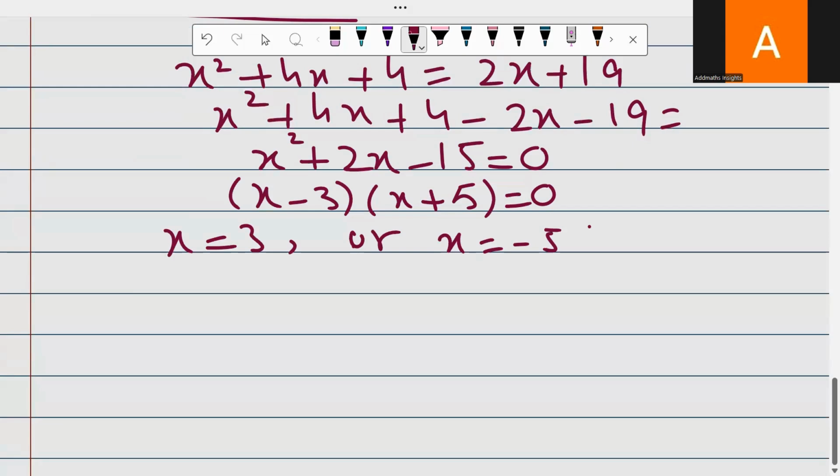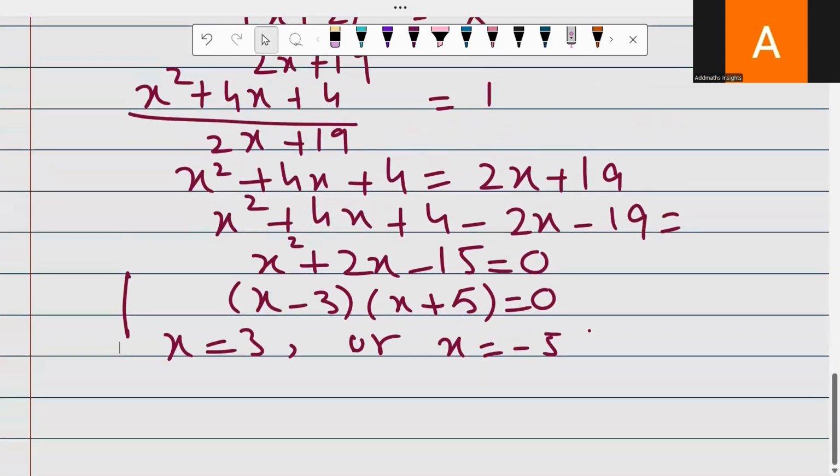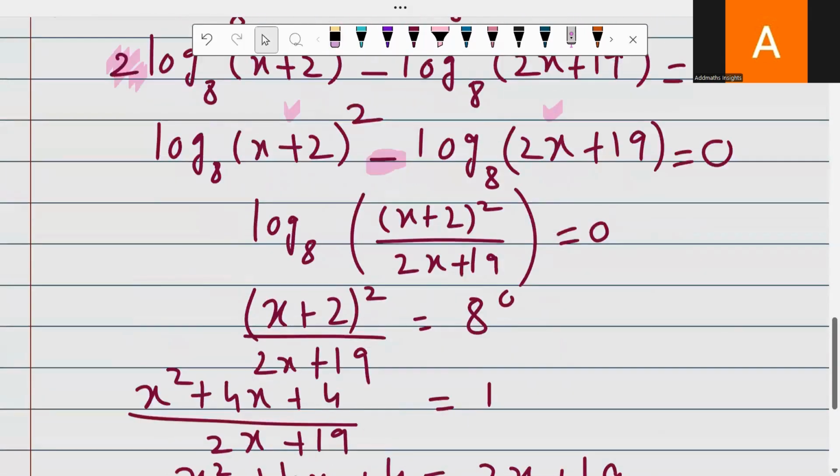You can further check your answer by placing the value x equals 3 in the equation. Your answer should be defined when you substitute, because log is only defined when the value within the logarithm is positive. So one by one, you substitute these values in the original equation.